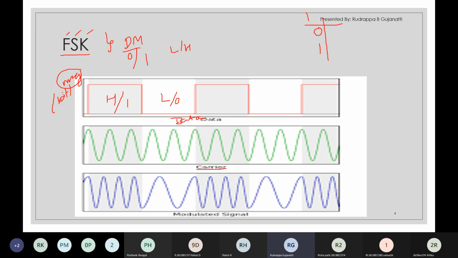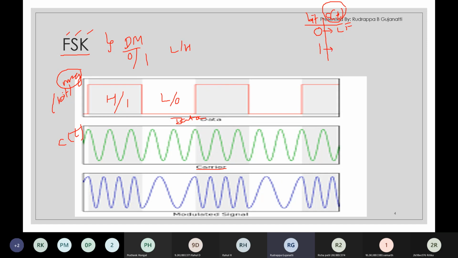With respect to that, what should happen to the frequency of the carrier signal? Logically, whenever data is 0, you send a low frequency version of the carrier, that is, you change the frequency of the carrier to low.